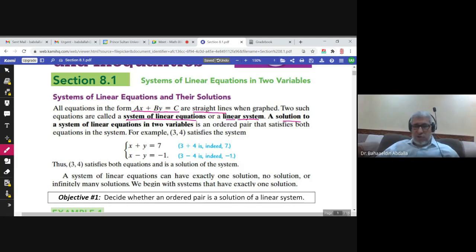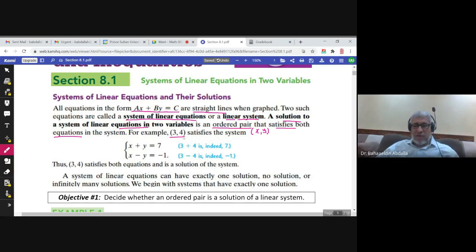A solution to a system of linear equations in two variables is an ordered pair. Ordered pair means like this, x and y. So for example, 3 and 4 that satisfies both equations. So this ordered pair has to satisfy both equations in the system.